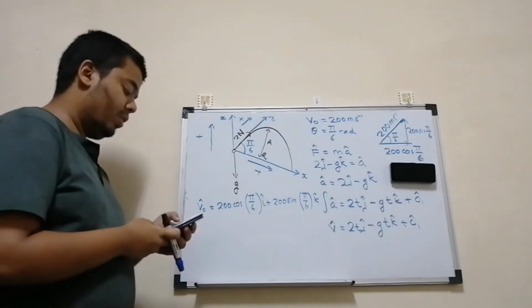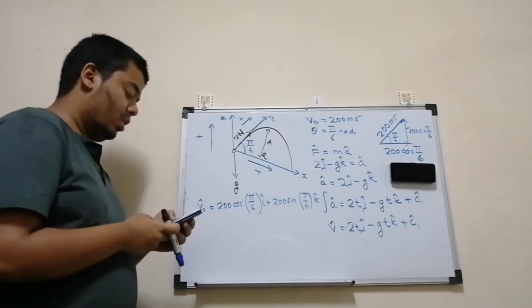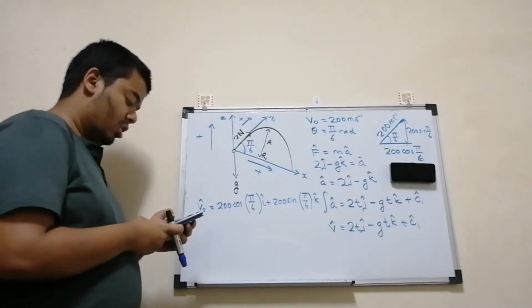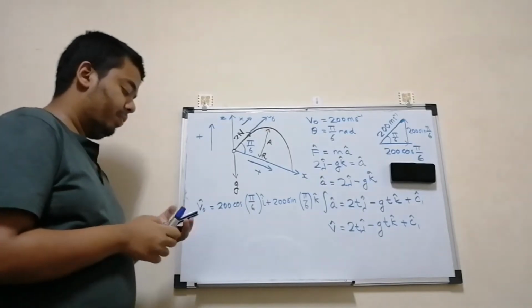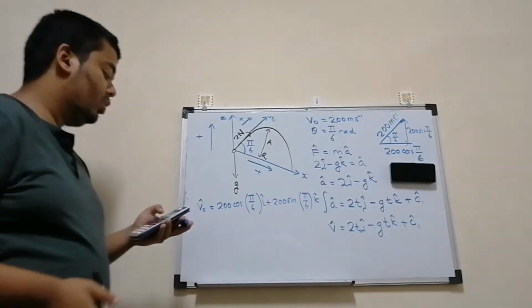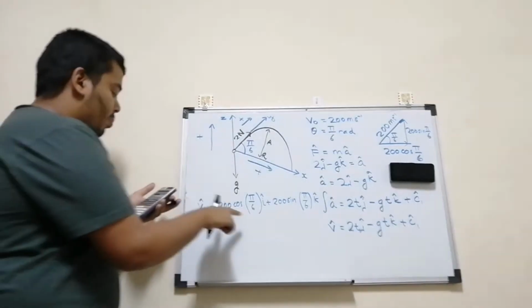So I'll use the calculator and say sine pi upon 6 into 200. So we have pi upon 6 right here.